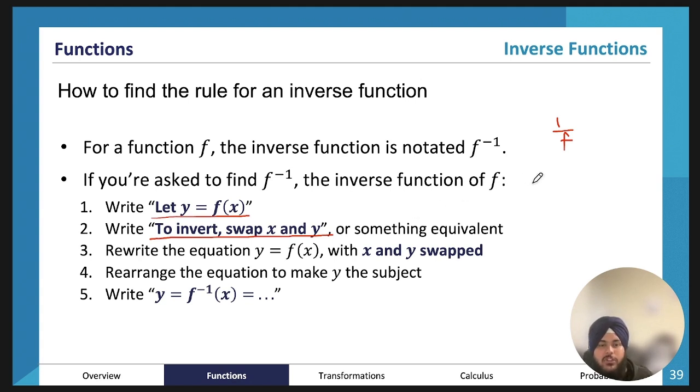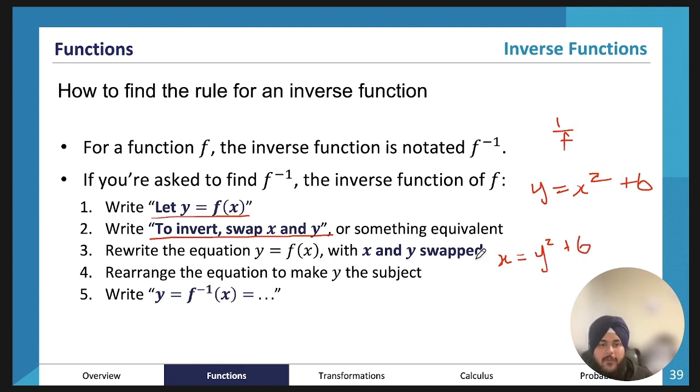For example, let's say the original function was y equals x squared plus 6. My new equation will look like x is equal to y squared plus 6.